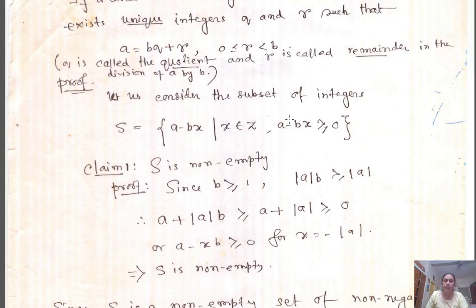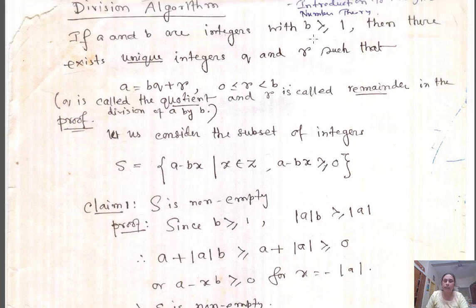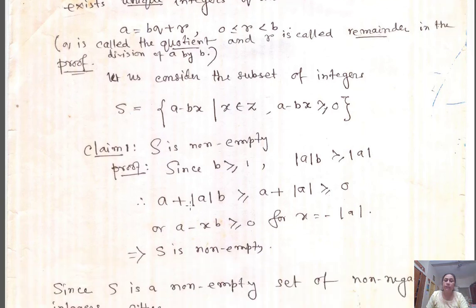You can see that in this condition b is greater than or equal to 1, and we know that mod a is always greater than or equal to 0. So multiplying both sides by mod a, b greater than or equal to 1 implies mod a times b is greater than or equal to mod a. Now what is the value of a plus mod a times b? This is greater than or equal to a plus mod a, which is greater than or equal to 0.